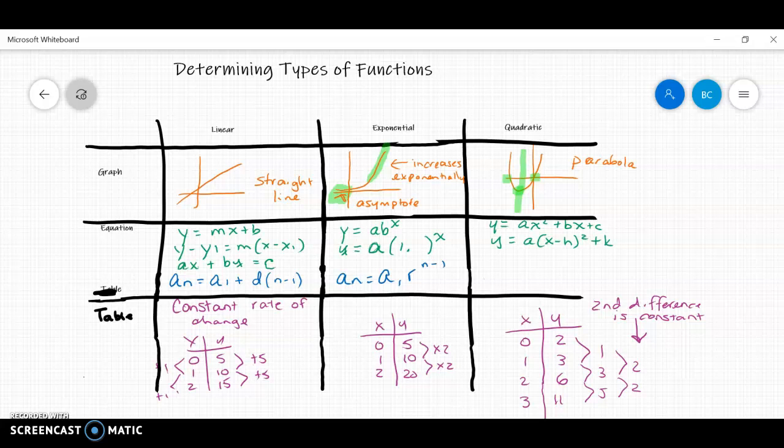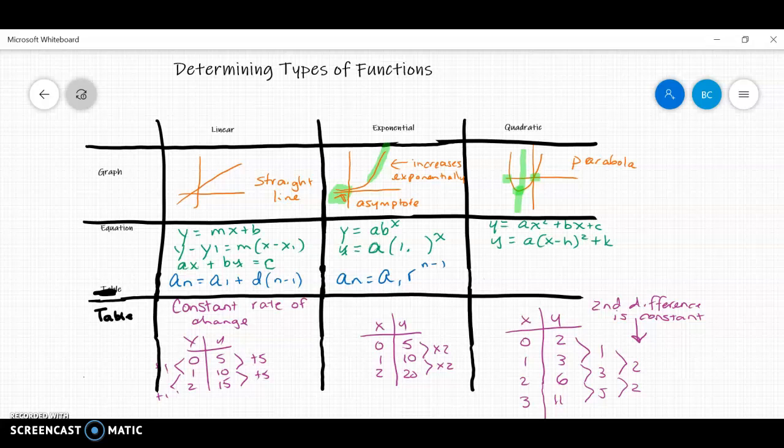And then I also wrote here in a different color, we also have arithmetic sequences, which are basically linear functions. And we basically rewrite it with a different symbol. So instead of y, we use a sub n. Instead of b, we use a sub 1, which is our first term.